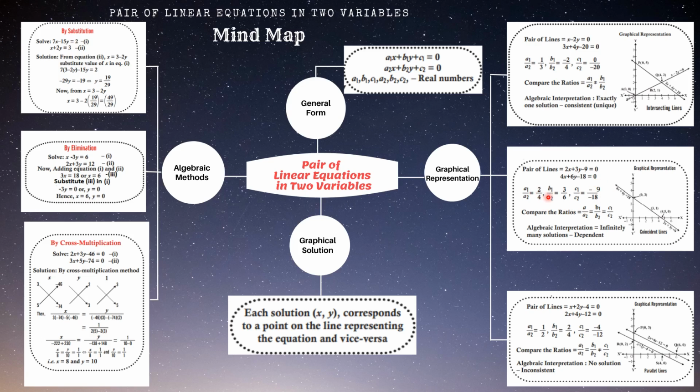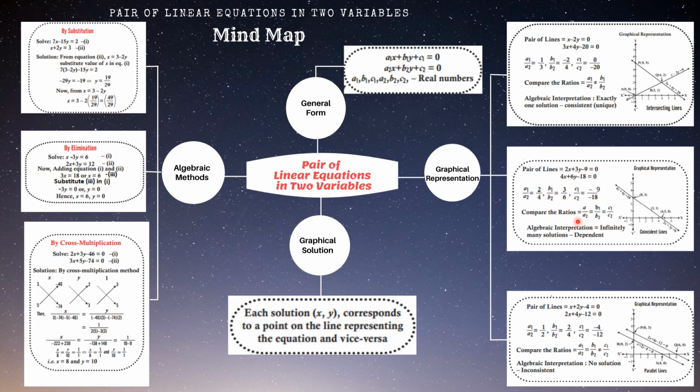So if we reduce this further, 2 upon 4 will become 1 upon 2, 3 upon 6 will become 1 upon 2, and minus signs will cancel here, and 9 upon 18 will also give us 1 upon 2. So in other words, a1 upon a2 will be 1 upon 2, b1 upon b2 will be 1 upon 2, and c1 upon c2 is also 1 upon 2. In other words, a1 upon a2 will be equal to b1 upon b2, and it will also be equal to c1 upon c2.